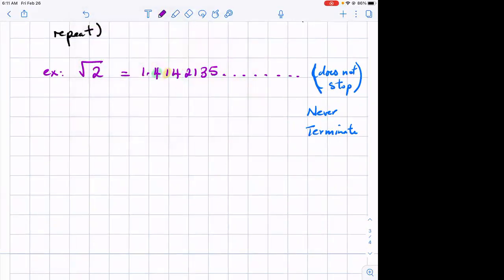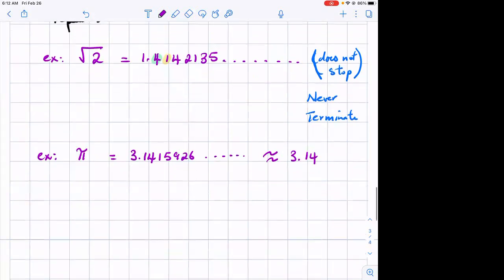Another example that you will see is pi. Pi is 3.14159 2 6 dot dot dot. It never stops. We generally say that this is an approximation, approximately 3.14.